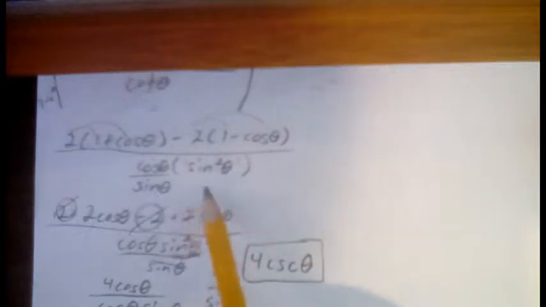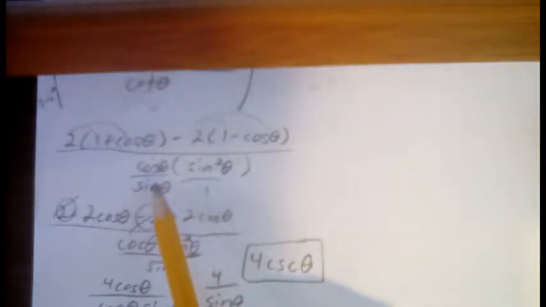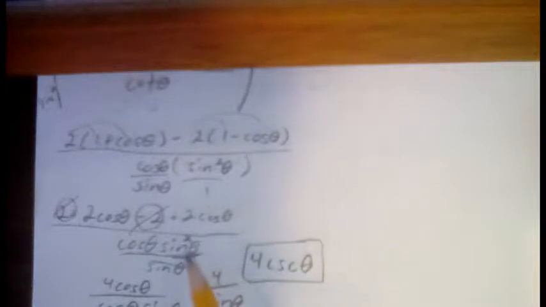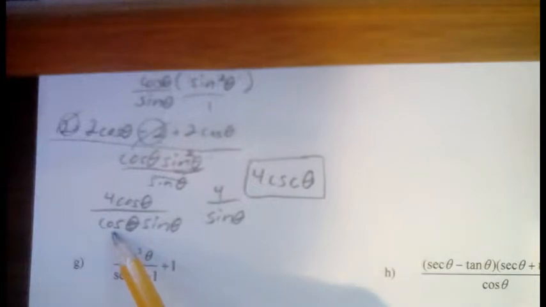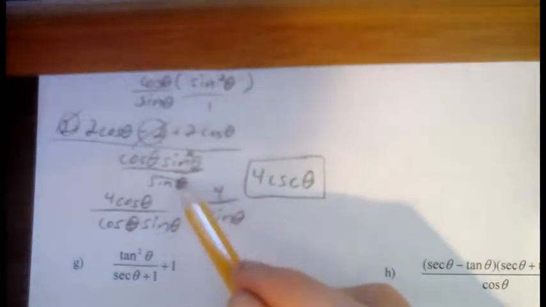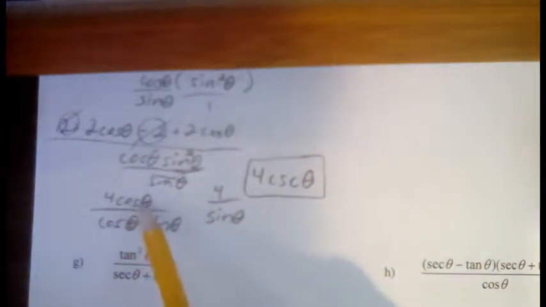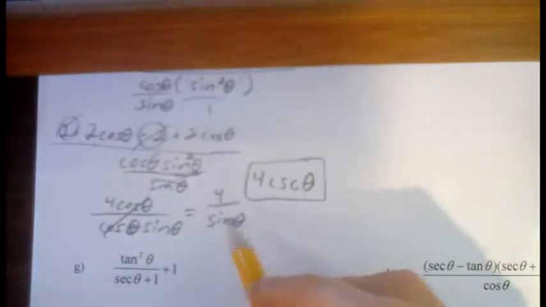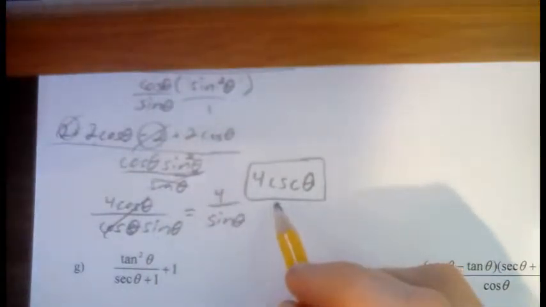As for the bottom, the denominator, you can just multiply across, and you'll get cosine sine squared over sine, and the sine squared cancels out with the sine on bottom, and you get down here cosine sine, and with your numerator. From there you can cancel out the sines, and you have 4 over sine, but since you don't want a fraction in your answer, you simplify it to cosecant, so your answer is 4 cosecant.